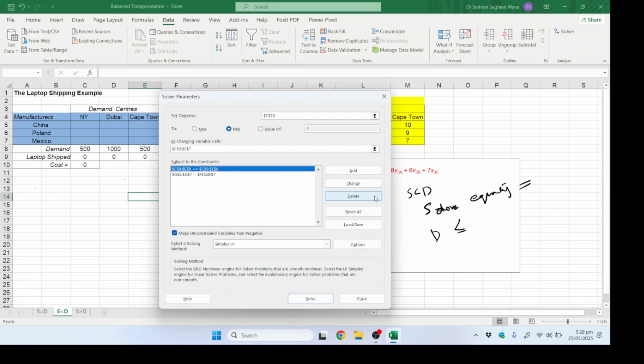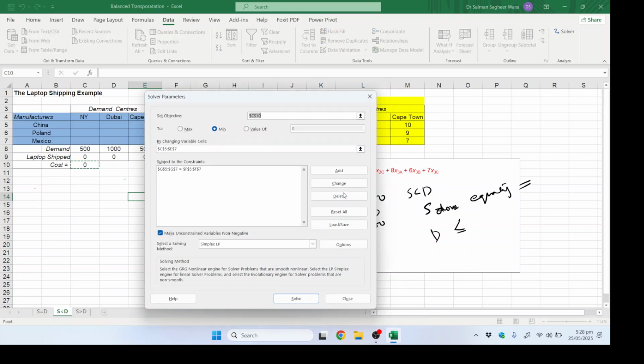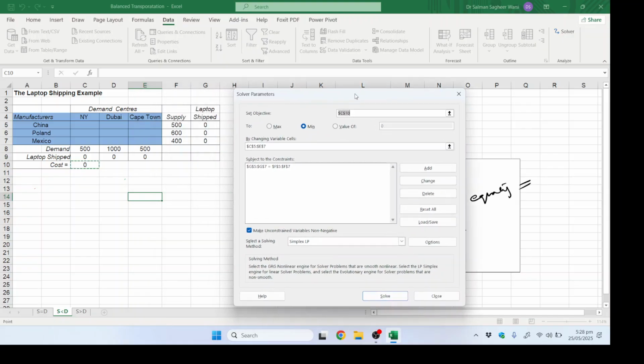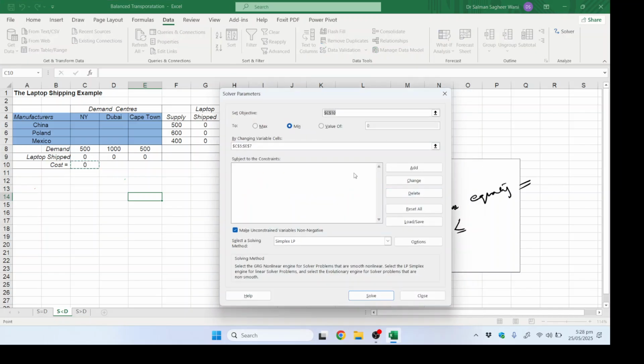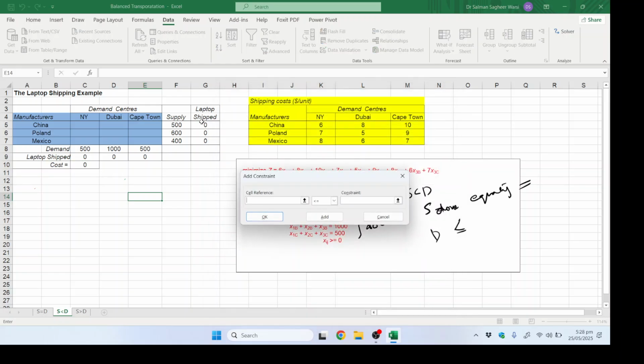If I just delete this constraint and do it again once for you, we first do the supply constraint with the equalities. These three are the supply constraints, and these three must be equal to the right hand side values. So we will do it with the equality sign.